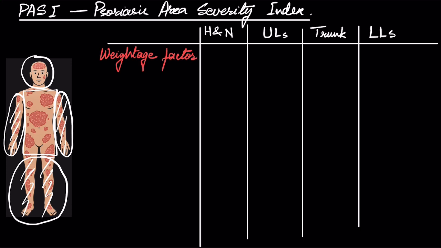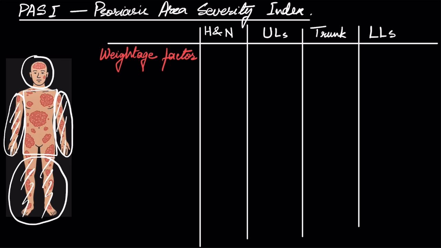Since each part represents a specific percentage of whole body surface area, it is given a weightage. So head and neck represents only 10% of the whole body surface area. So it is given a factor of 0.1.